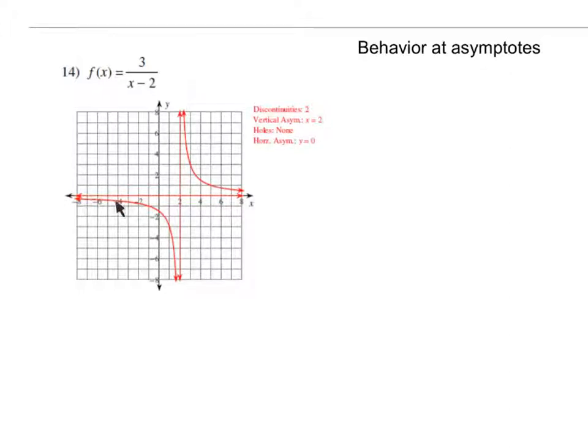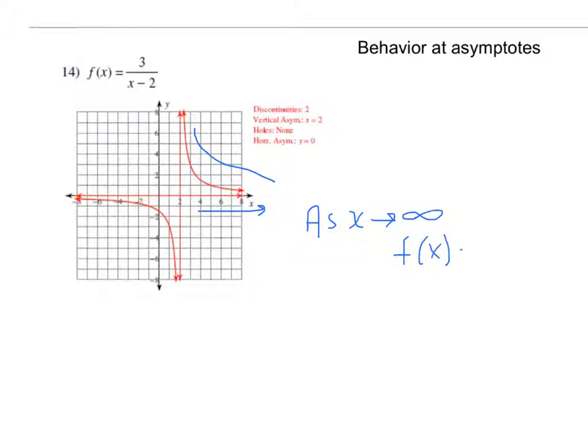But at the horizontal asymptote, on the other hand, we can see that as the x values approach positive infinity, as they go this way, the y values are coming down and getting really close to 0.